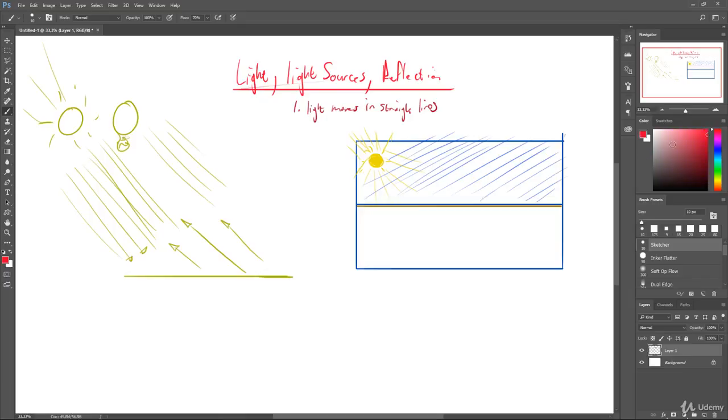The sky also casts down its rays of light, its blue light, into the world. So we have the rays from the sun and the rays from the sky shining down onto the ground and onto the objects in straight lines. And so we have two light sources already.